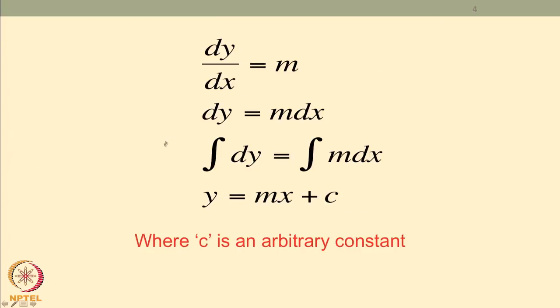If dy by dx is m, we can write dy is equal to m dx. Integrate on both sides. The integral of dy is y. The integral of m dx: m is a constant, so I can take it outside. The integral of dx is x, plus c, where c is an arbitrary constant. So this is something we learned.